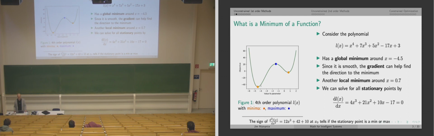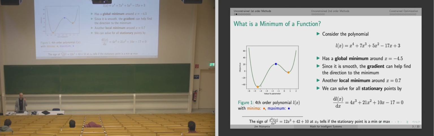So we basically reduce the search of minima to solving an equation. It's not linear in the parameter because we have x to the power 3, x to the power 2, and so on.